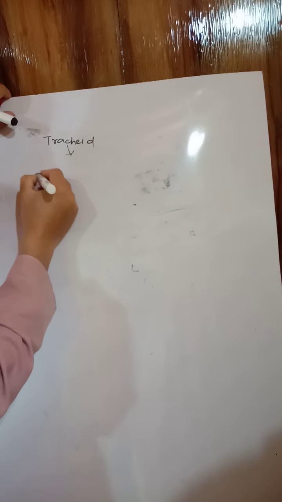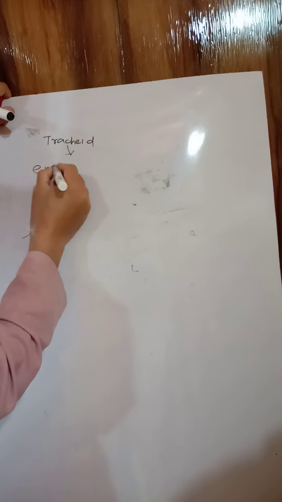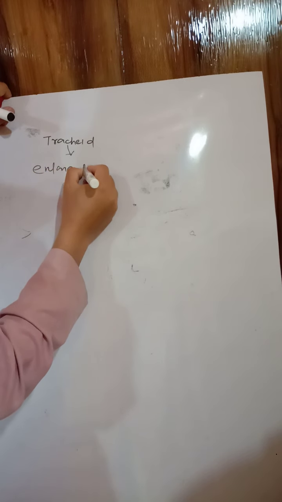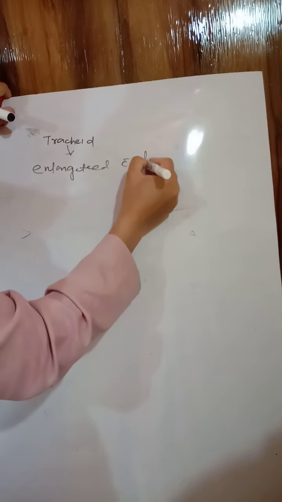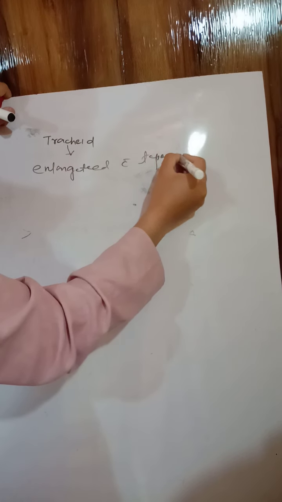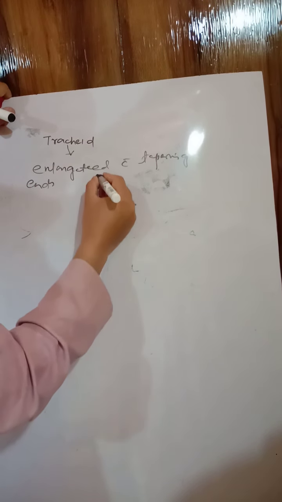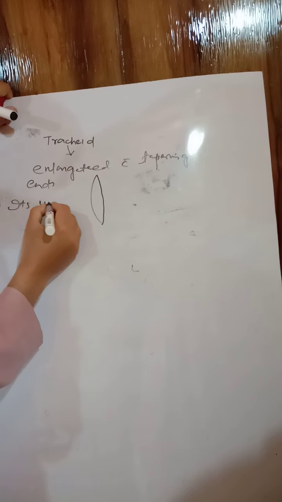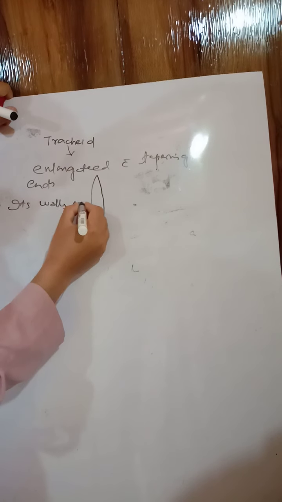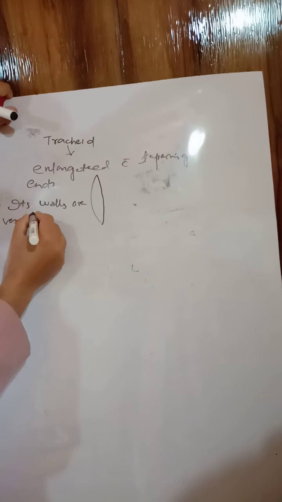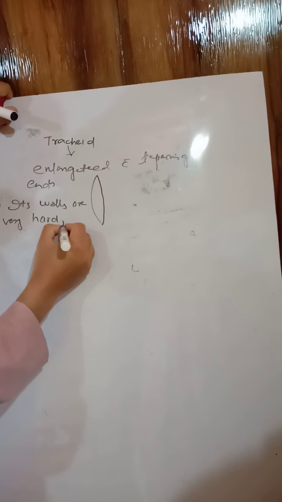It is an elongated cell with tapering ends like this. Its walls are very hard but not thick.